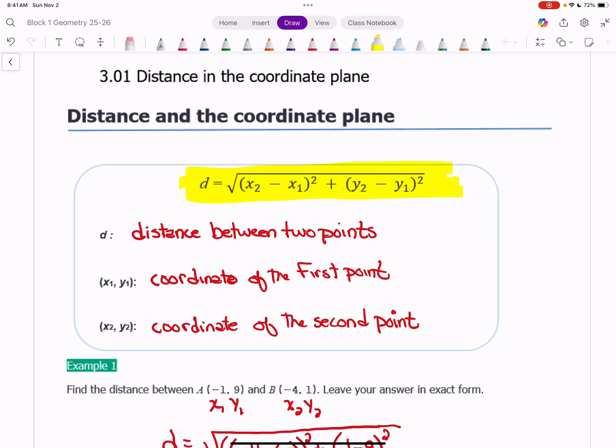The distance between 2 points is just the difference in the two x values squared plus the difference in the two y values squared. So you have two ordered pairs wherever they are on a coordinate plane, and you're going to find the distance between them.